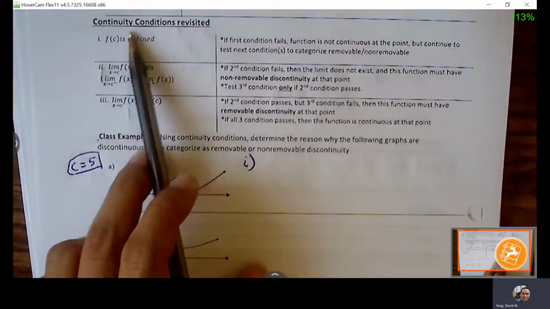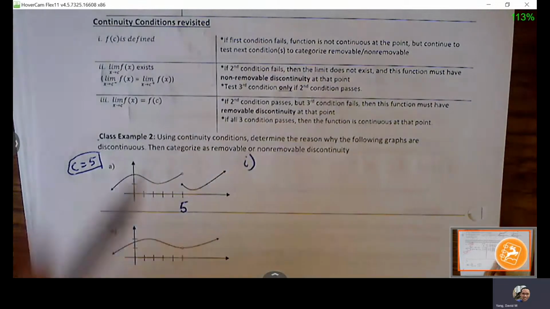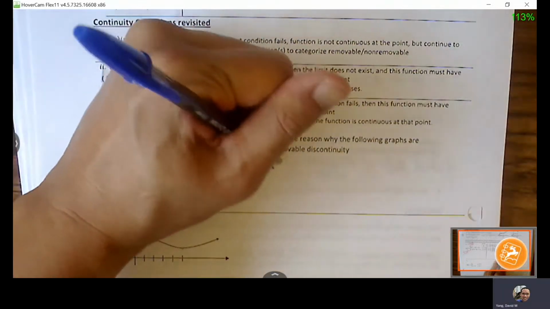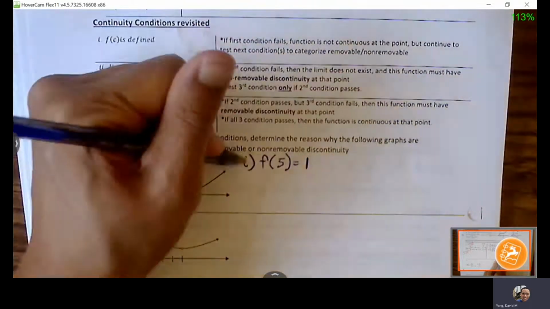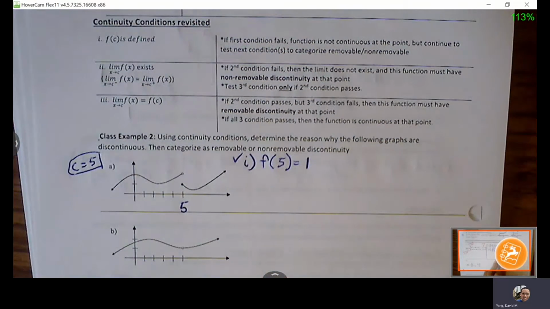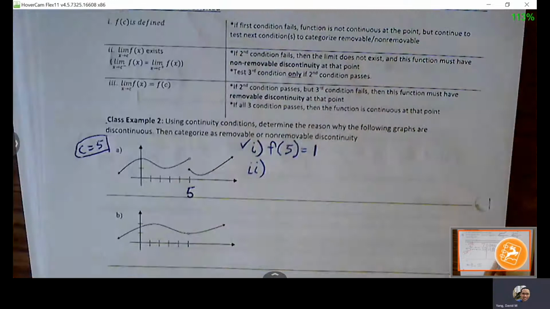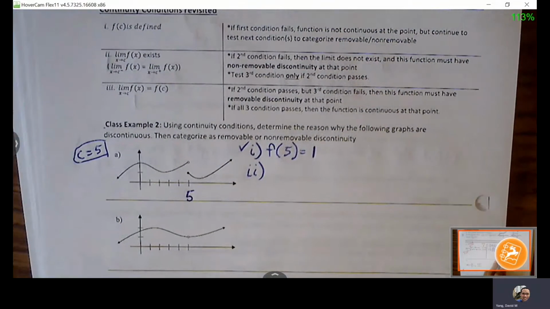Okay. f of c, my c value is 5. What's f of 5 equal to? Equal to 1, right? It passes. We gather that information. We continue with the second condition. Second condition, does the limit exist?